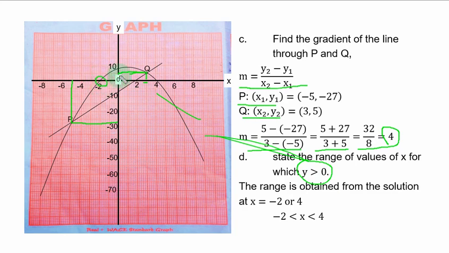Earlier is -2 and the other one is 4. So s is equal to -2 or 4. And you state the range using symbol of inequality. So you have -2 less than s less than 4 is the range of values for which y is greater than 0.